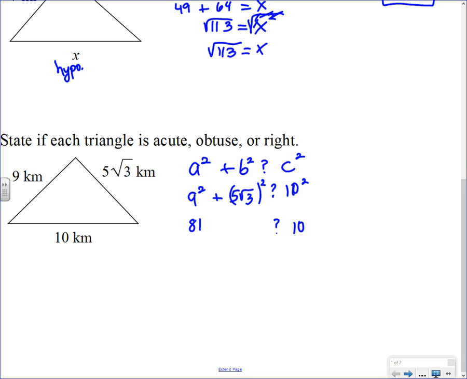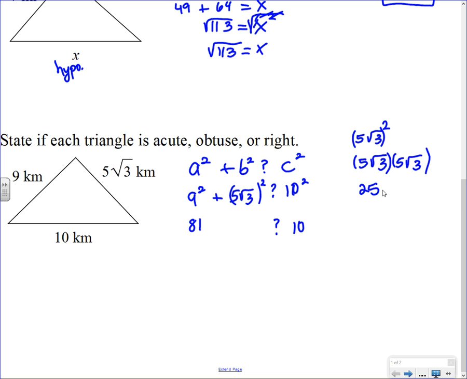Now the way you do 5 radical 3 squared is this way. If you have 5 radical 3 squared, that means 5 radical 3 multiplied by 5 radical 3. The radical behaves like an x. Imagine this was 5x times 5x. So first with the coefficient, 5 times 5 will give you 25.